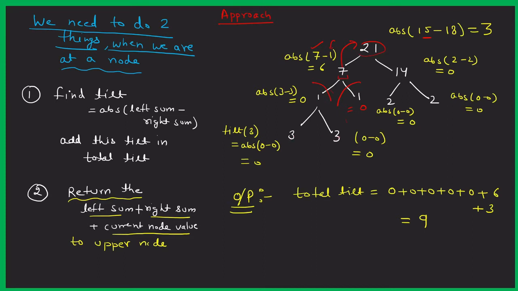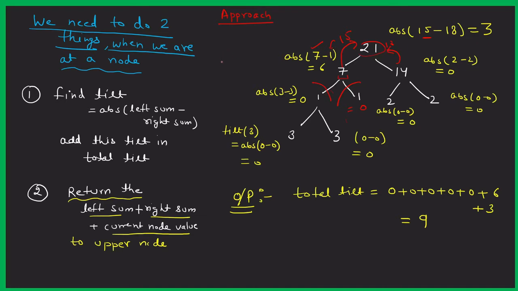So it will be 3 plus 3, 6, 7, 14 plus 1, 15. So 15 has to go here, and accordingly for the right side, 14 plus 2 plus 2, that is 18 has to go to the 21. Then only the absolute difference of 15 minus 18 gives us 3, and the tilt can be found out.